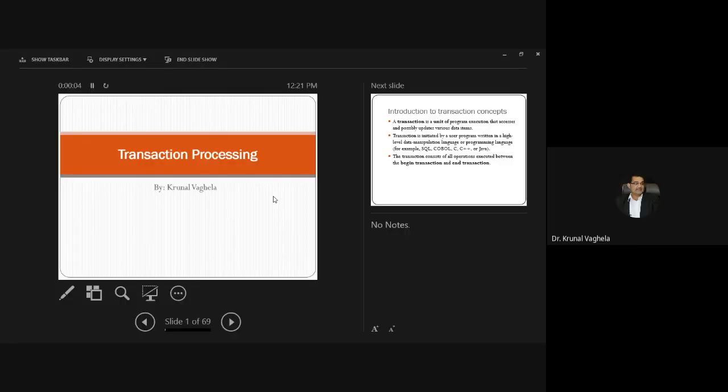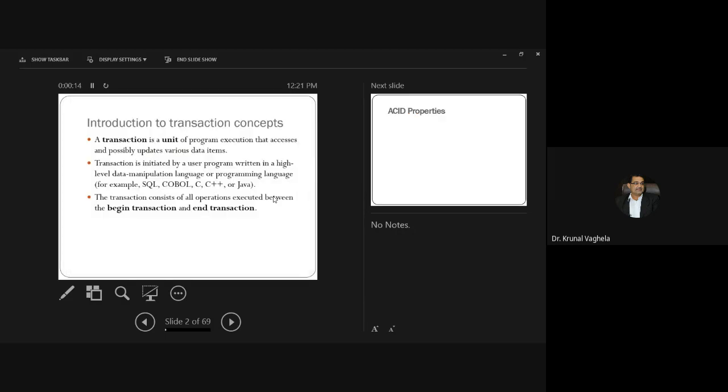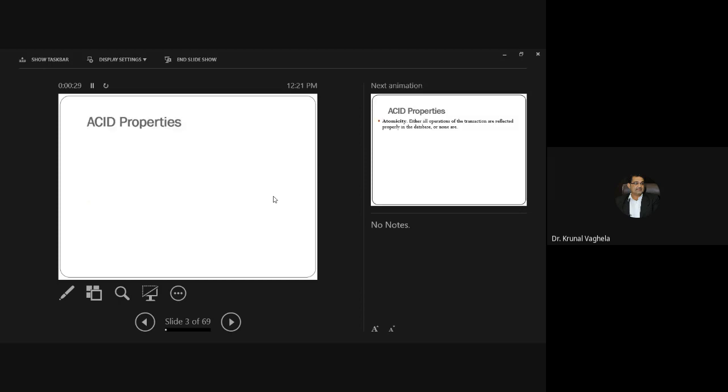Good afternoon. We have started transactions yesterday and we have seen the basic definition of a transaction: any program which updates or accesses the database is a transaction. Then we have seen the ACID properties.